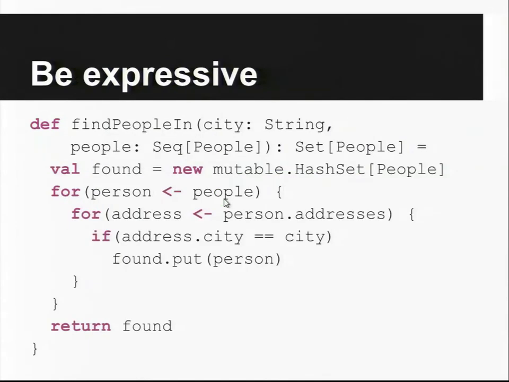Here's another example. So if I have my domain model is people have addresses, and I want to find all the people in a city from some query that I pulled out. I can iterate over the people, I can iterate over my addresses, I can check to see if the city in the address is the same as the city I'm looking for, and then I can put that person into the found set that I created in the loop here, and then return that set at the bottom. Well, in Scala, we want to be expressive.